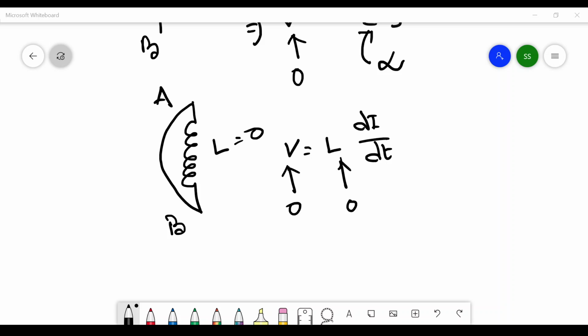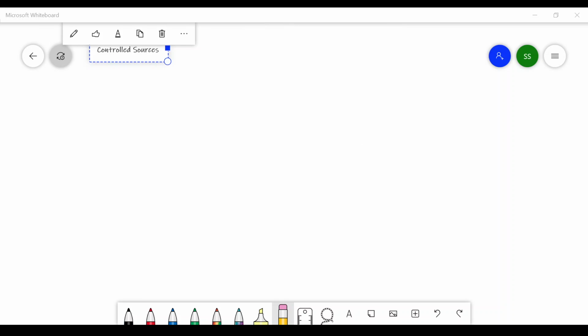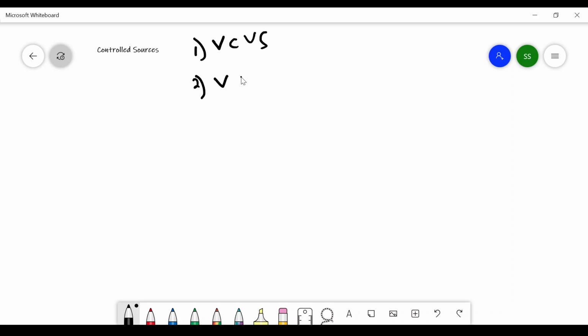Now another important topic we will be discussing is the controlled sources. What are the different controlled sources we have? The first one is the voltage controlled voltage source. The next one is the voltage controlled current source.